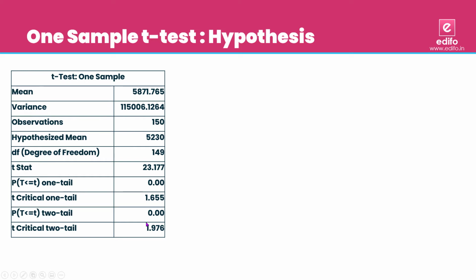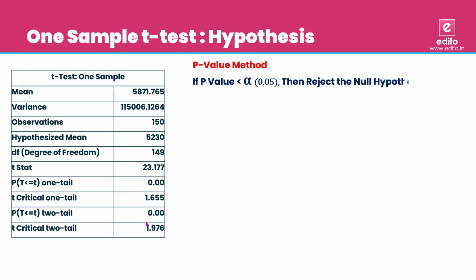Now, the first method, that is the p-value method. In the p-value method, if the p-value is less than alpha, that is 0.05, then reject the null hypothesis. Else, fail to reject the null hypothesis. Check. Our alpha is 0.05 and our p-value two-tail here is 0.00. Get it?